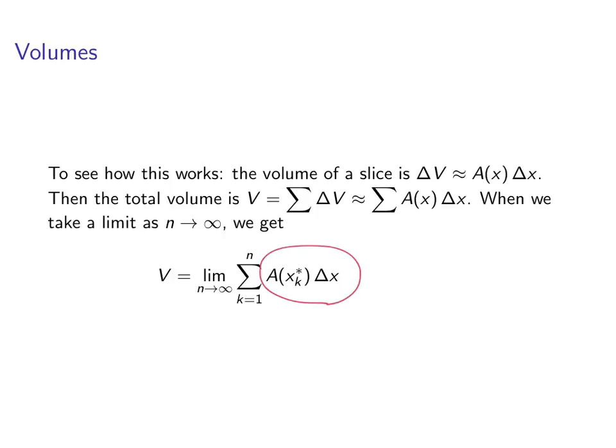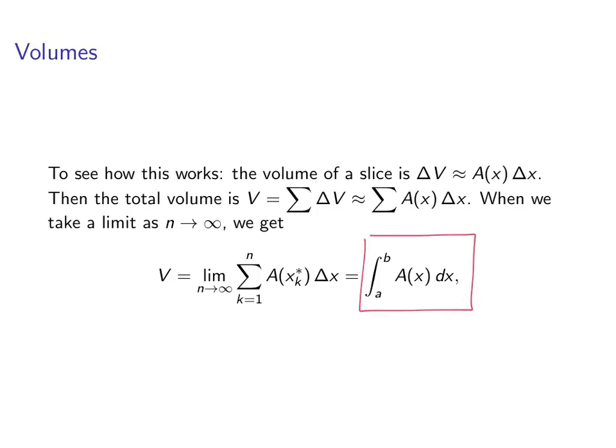And then this whole thing, the limit of this sum, this is a limit of a Riemann sum. And so we get this integral, the integral from a to b of A of x dx. And so that's essentially how the calculation goes. So really all we're going to do is remember that this is how I calculate the volume of some object if I can calculate the area of its cross sections. Okay, that's all for now.